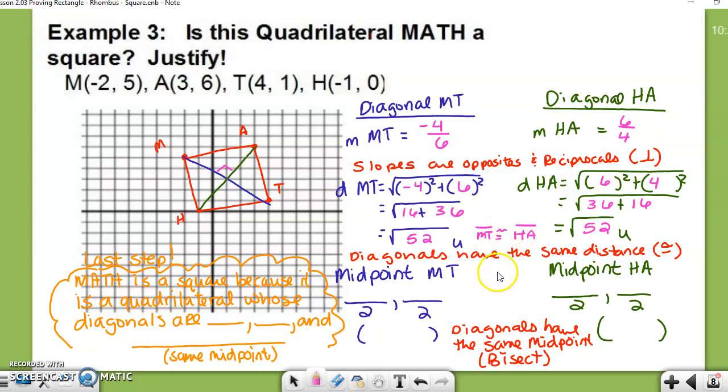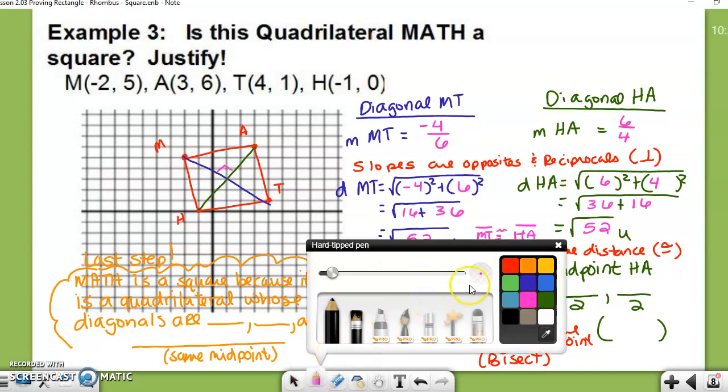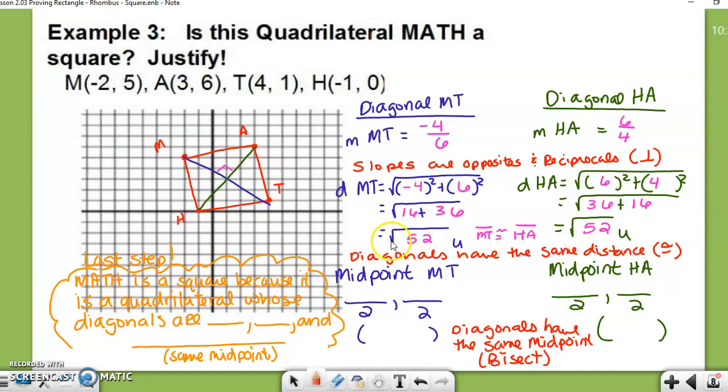Now I just have to look to make sure they have the same midpoint. So let's do the midpoint of MT. And you should have watched that little video. Finding the midpoint is just the average of the x values and then the average of the y values. So let's look at our x values for MT. This is M, here's T. I have a -2 and a +4.